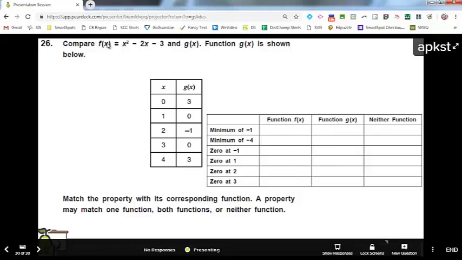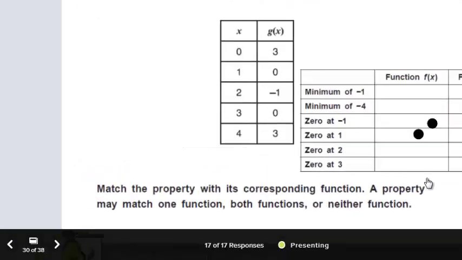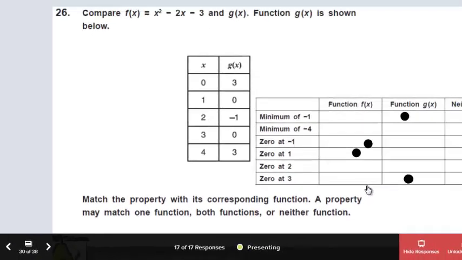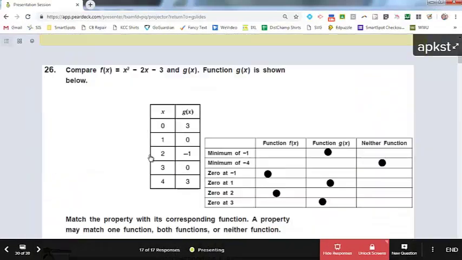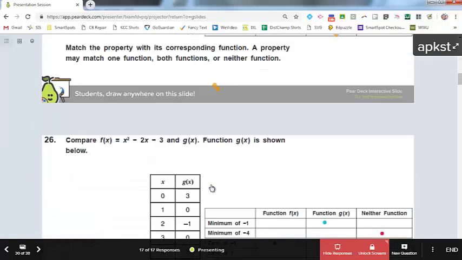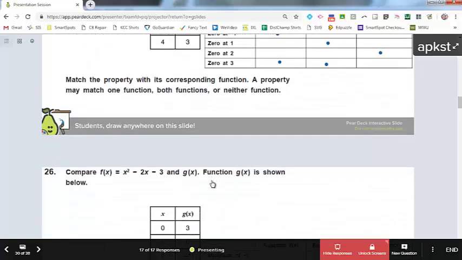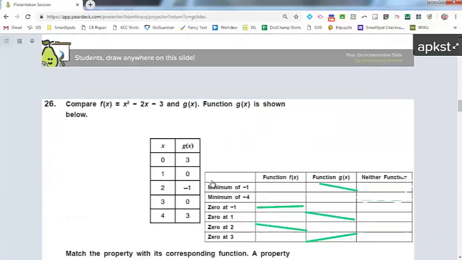So this is the function, which you can determine this information however you want to, but it could be for both, it could be for neither, it could be for one or the other. I'm going to give you 2 minutes. Go. And there's also one that applies to both functions. So no. Are we just guessing? No, that one actually looks kind of close.